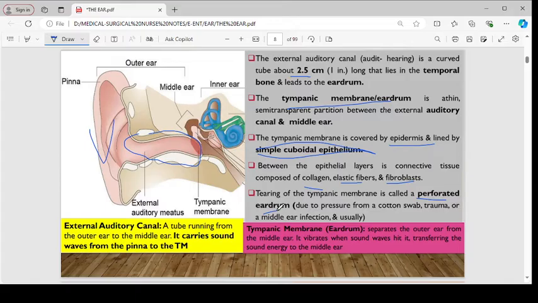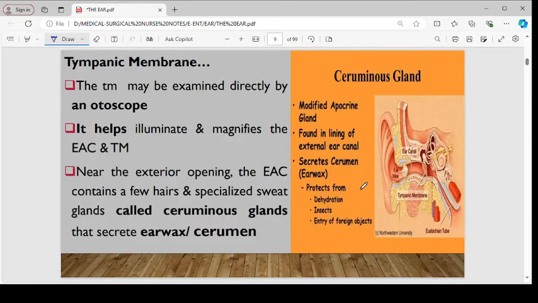This is majorly due to pressure from a cotton swab, trauma, or a middle ear infection. The tympanic membrane can also be examined by an instrument which we refer to as an otoscope. This otoscope helps us to illuminate and magnify the external auditory canal and the tympanic membrane.